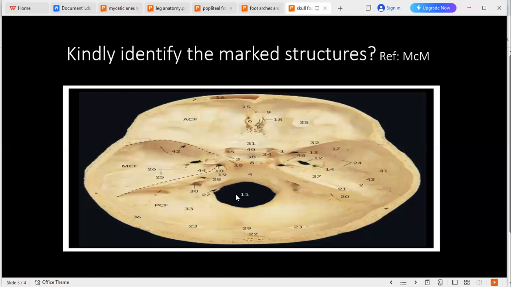Okay. Would you be able to identify clivus? Clivus is number 4. All right, good. What is it? Can you describe? Clivus is like the same as... What does it form, really?